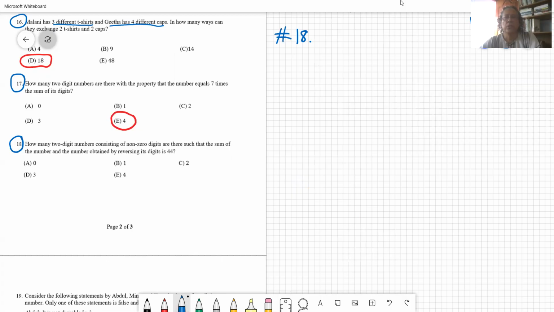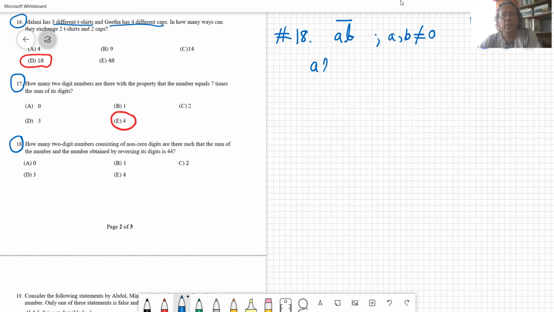I see. So two-digit, so AB with a bar, right? And both A and B are not equal to 0, right? And then the sum of the number and the number obtained by reversing its digits is 44.